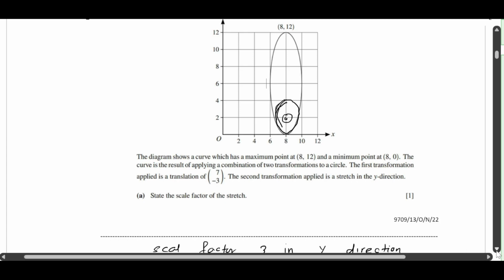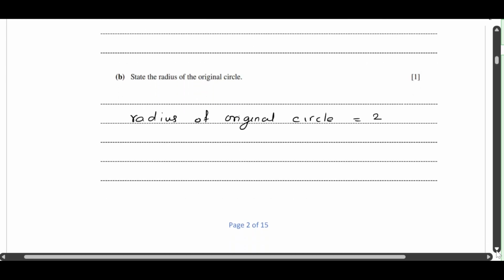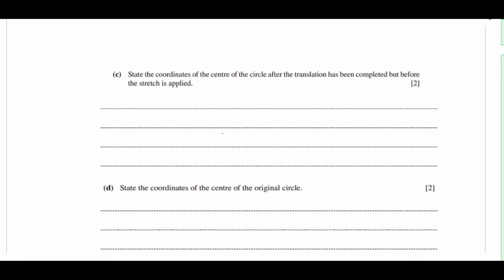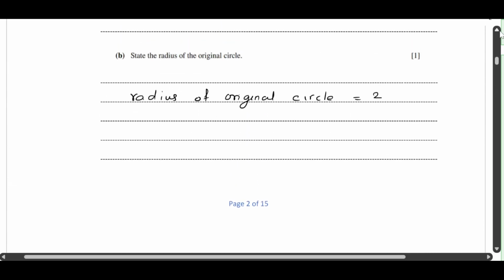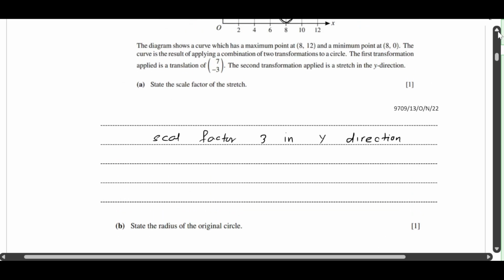So let's go to that question. State the coordinate of the center of the circle after the translation has been completed, but before the stretch is applied. So the coordinate will be 8, 2. Now state the coordinate of the center of the original circle. In the original circle, it is translated by 7 units.